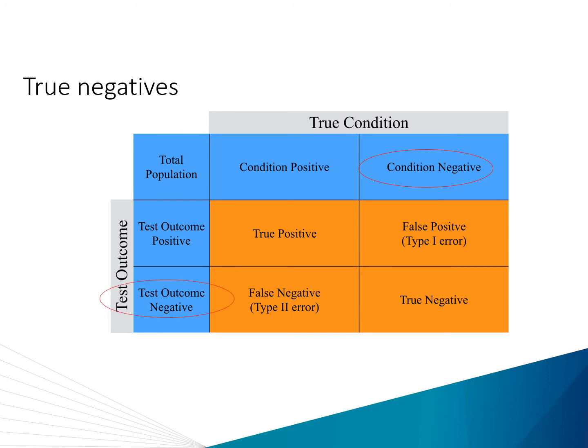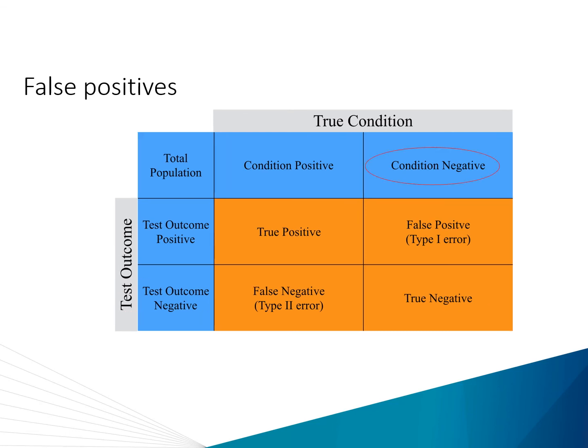If the condition is negative and the test is indicated negative, you get a true negative. And the false positives are where the condition is actually negative, but the outcome indicates positive. So we can use the numbers of people falling into these different categories to work out how well the test is actually working.